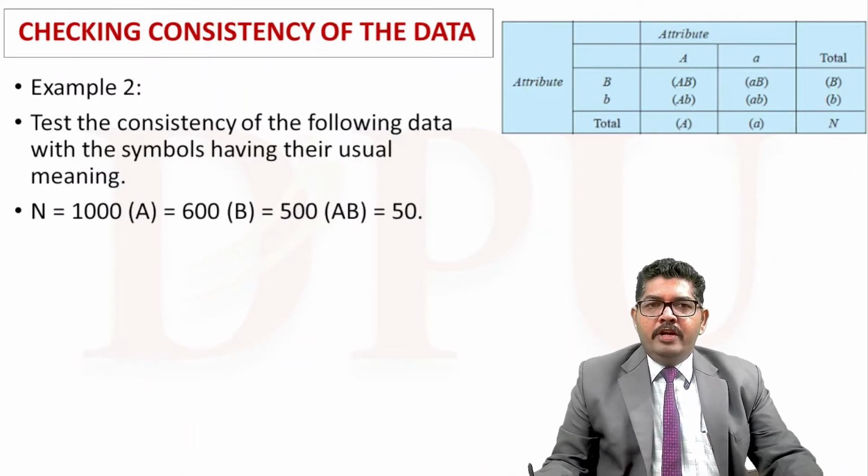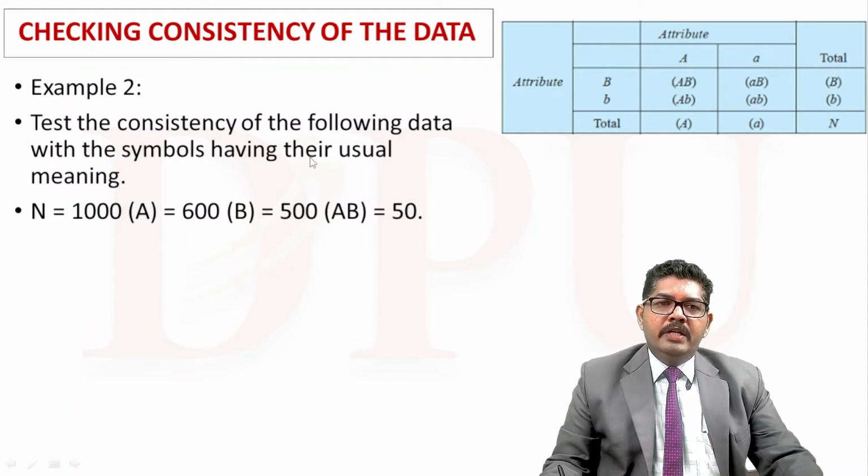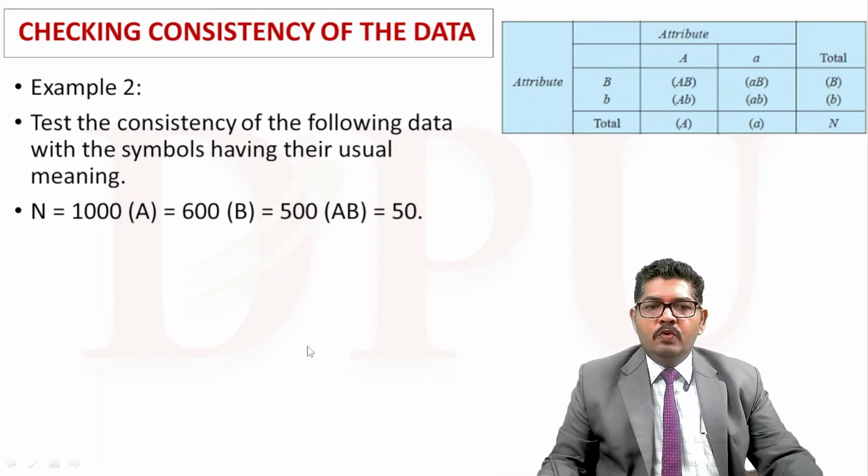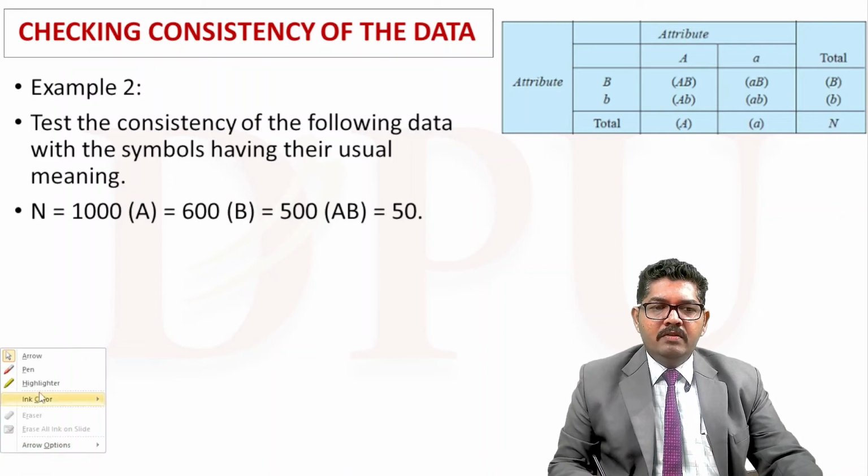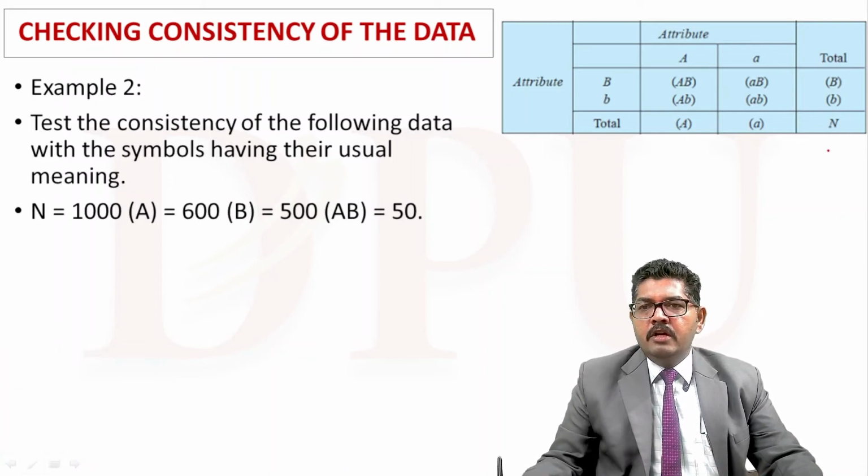So we have one more example to check the consistency of the data. Example 2: test the consistency of the data with the symbols having the usual meaning. N is equal to 1000. Let me take the pointer once again. I am writing it here, N is equal to 1000. This is quite simple.